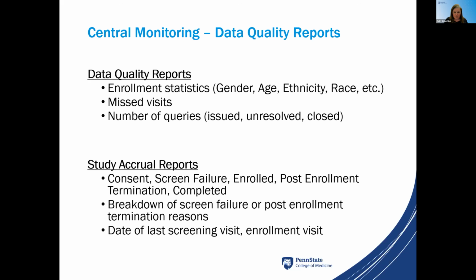It can also include a breakdown of screen failures or post-enrollment terminations if there is an indication there for further action. And the date of last screening or enrollment visit can sometimes be used to indicate enrollment or screening issues.